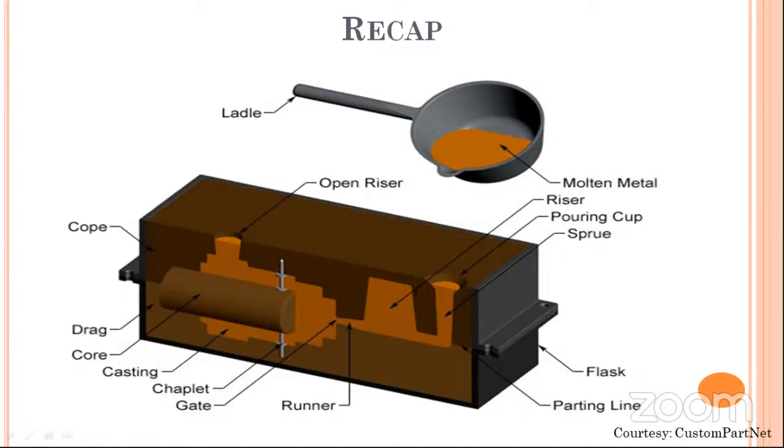For the time being, forget about this riser. You just focus on the open riser. Assume that there is a sprue, there is a runner, there is an ingate, and the molten metal can flow through this path. Why only from the open riser? Because the metal in the runner also gets solidified.